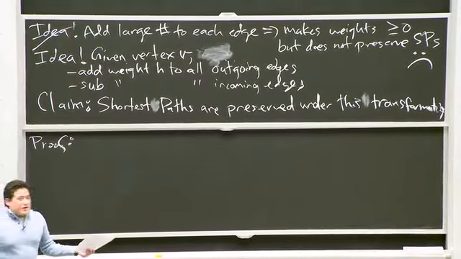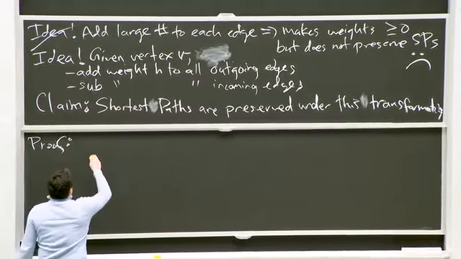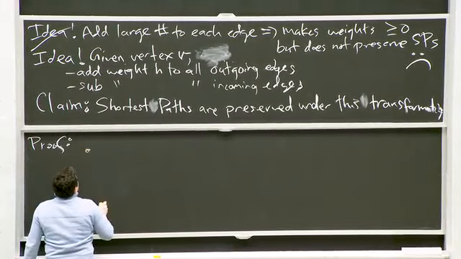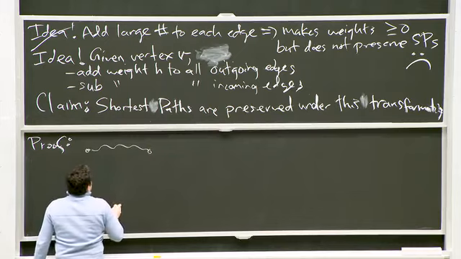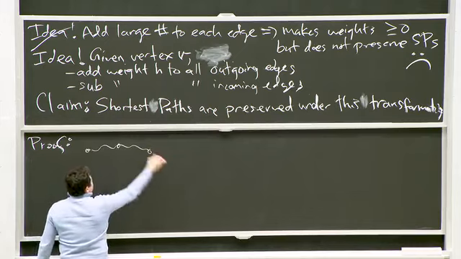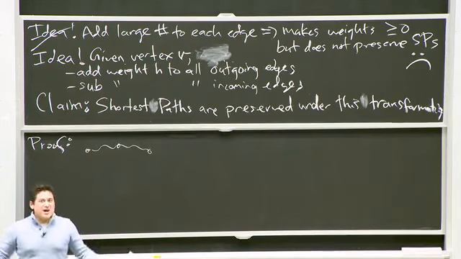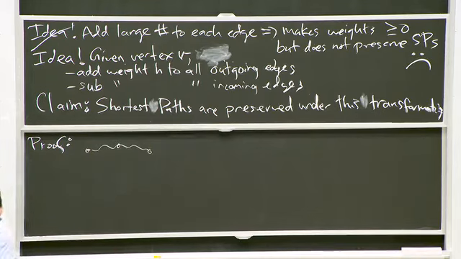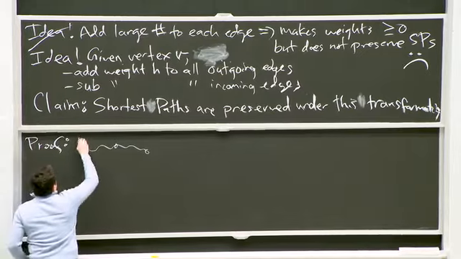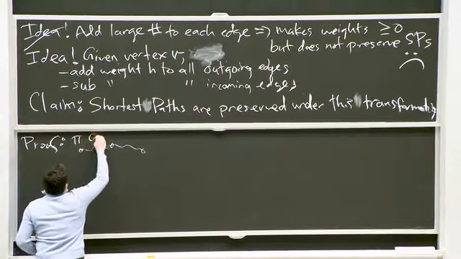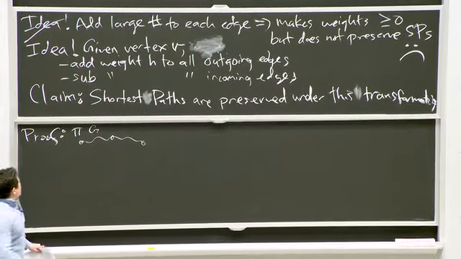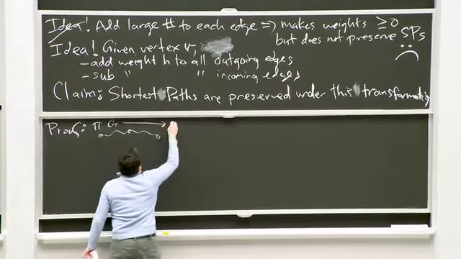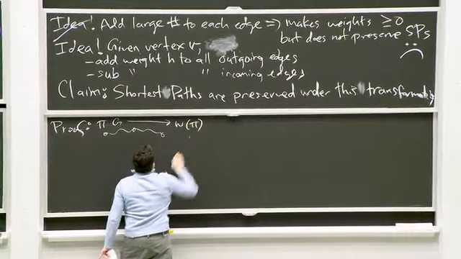Consider any path in my graph, right? The path could go through V many times, or it could go through V not at all. If I have a path in my original graph G, with path weight W of pi, this is my path.